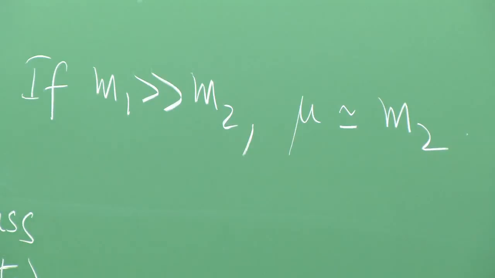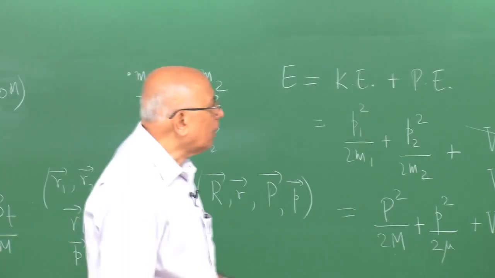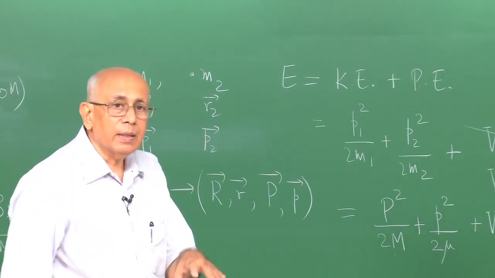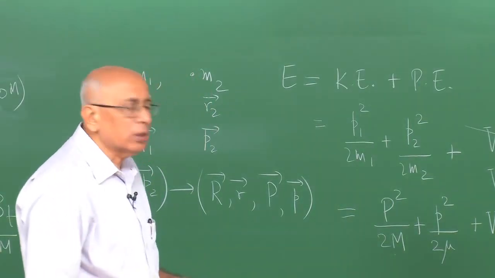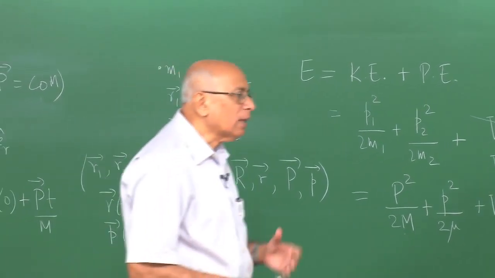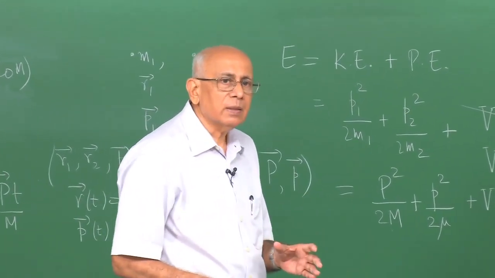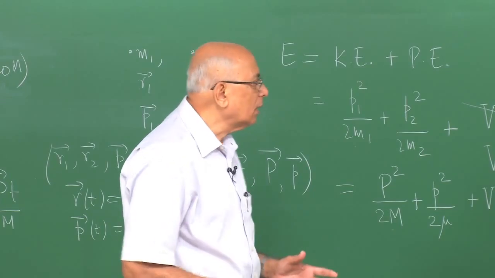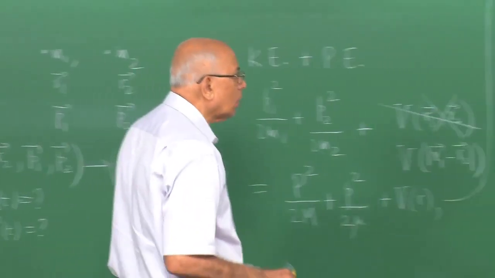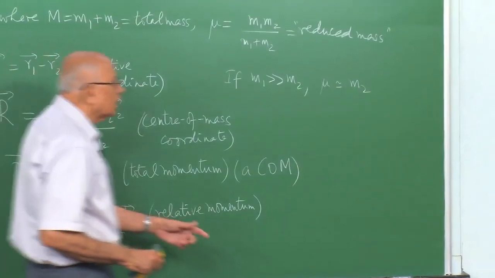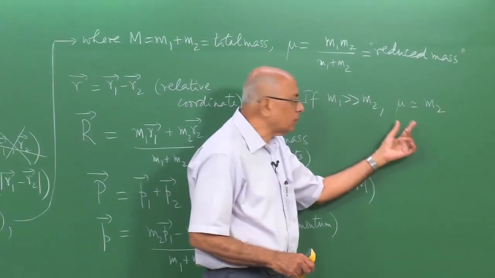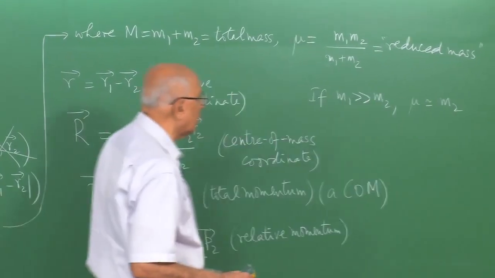This is what happens, for instance, if you consider any of the planets moving around the sun. So if the mass of the sun is m1 and the mass of the planet is m2, the effective motion of this planet is like that of a body of mass, effectively that of the planet itself. The mass of the sun cancels out top and bottom, and you have effectively a reduced mass, which is essentially the mass of the planet itself.